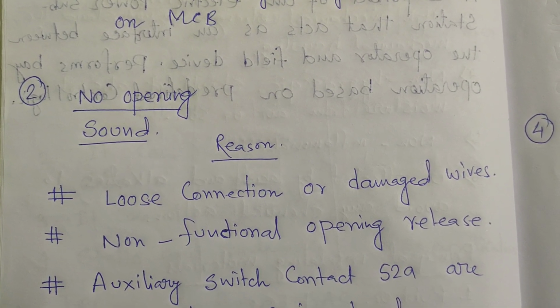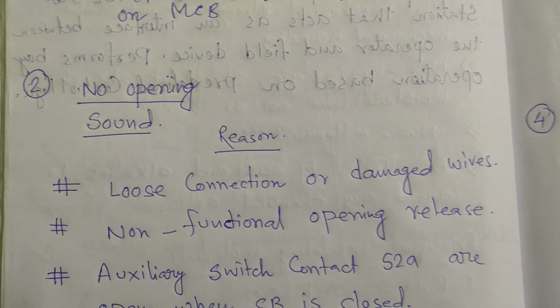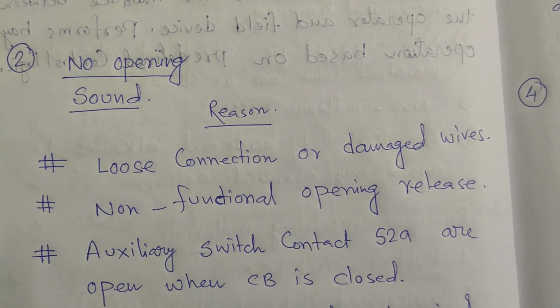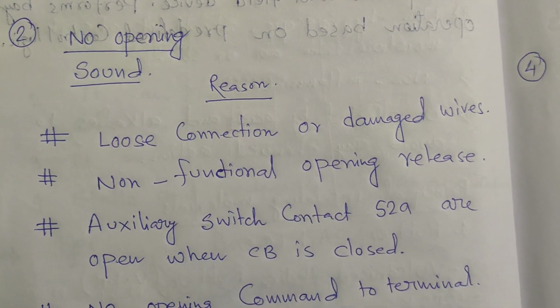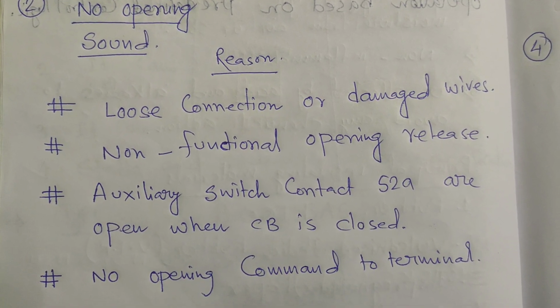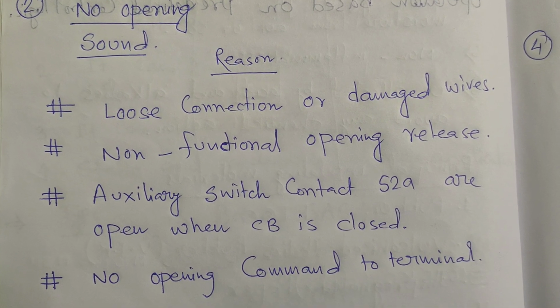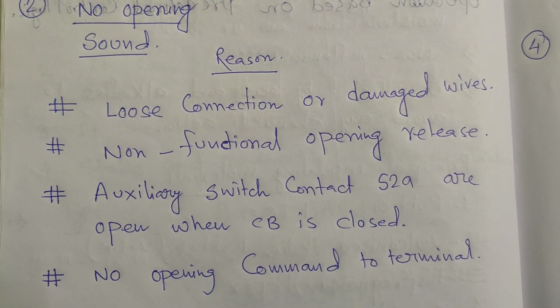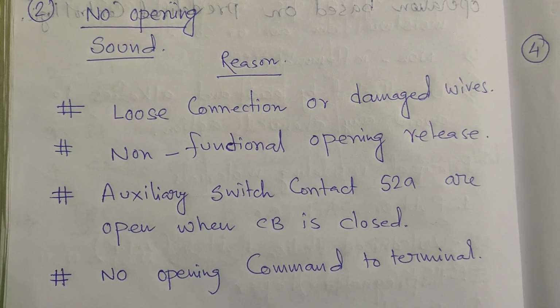No opening sound. So the second point is no opening sound. What is the reason behind it? Loose connections or damaged wire, non-functional opening release, auxiliary switch contact 52A open when the circuit breaker is closed.